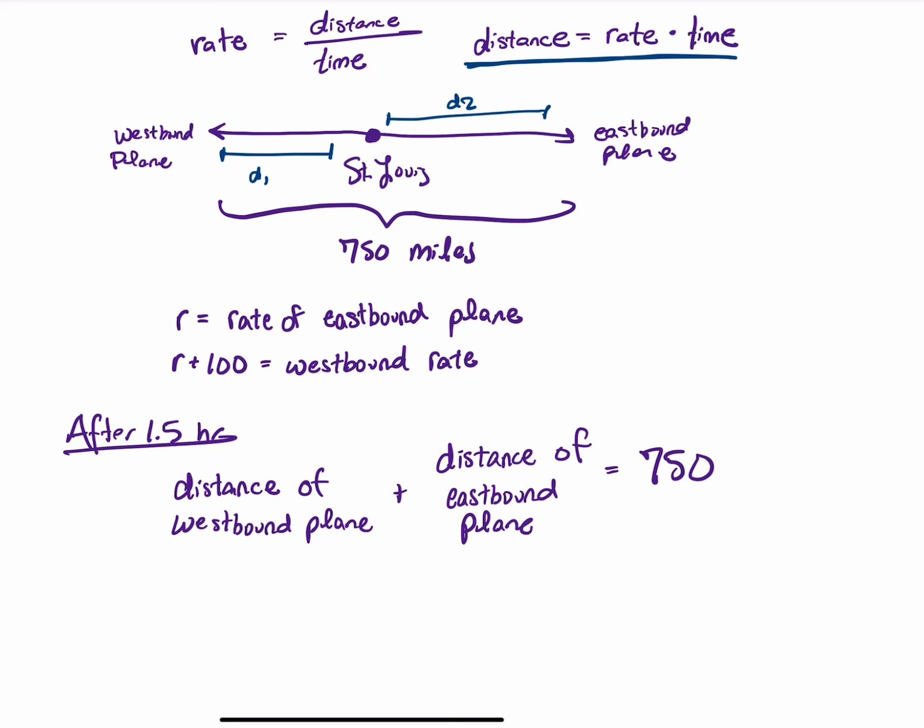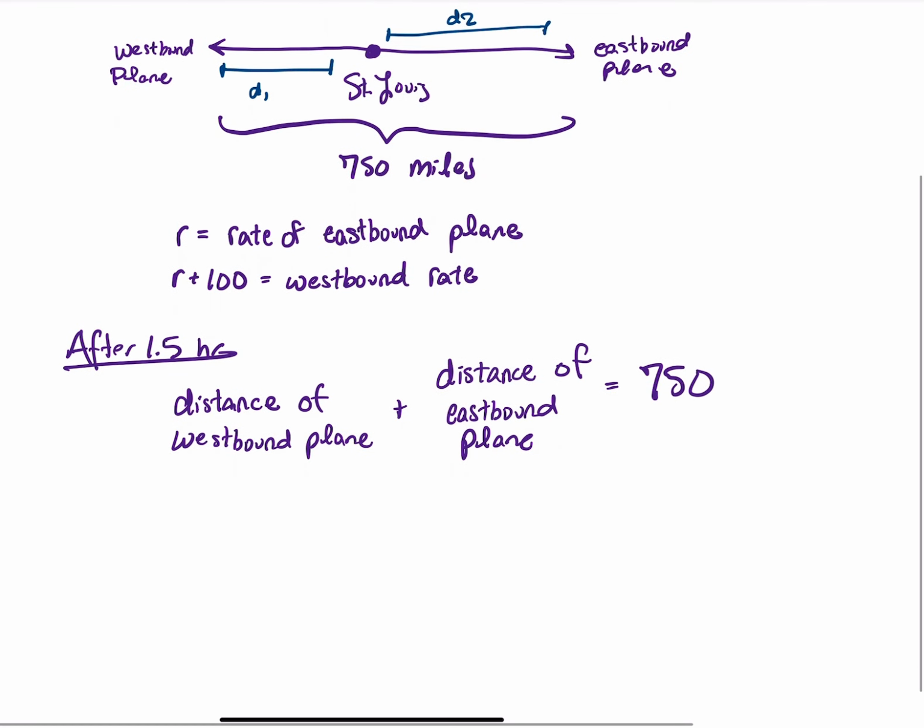Okay, so let's replace distance of the westbound plane. This will be the rate of the westbound plane times the amount of time. And we know the time has been 1.5 hours. So that'll be helpful. So this will be the rate of the westbound plane. We said was r plus 100.